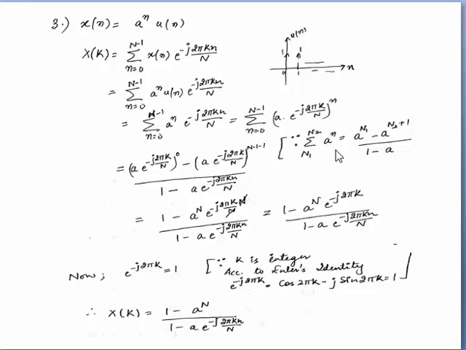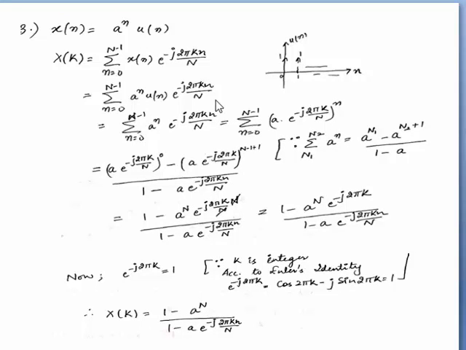So according to this formula, our equation becomes a into e raised to power minus j 2 pi k over N raised to power 0 minus a e raised to power minus j 2 pi k over N raised to power N minus 1 plus 1, that is N minus 1 plus 1. Now the first term is a into e raised to power minus j 2 pi k over N raised to power 0.